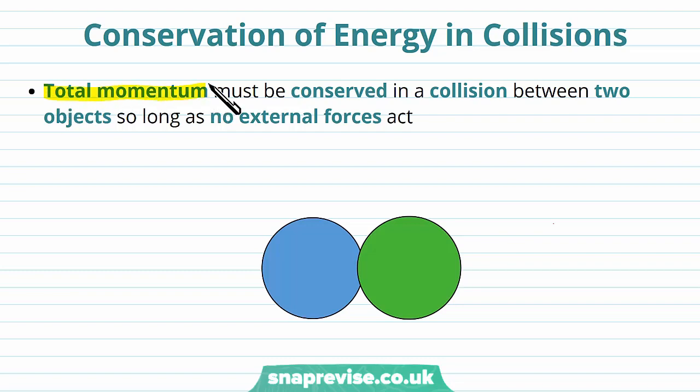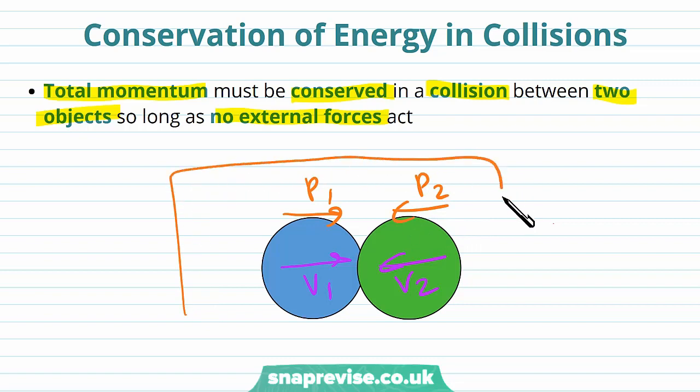Total momentum must be conserved in a collision between two objects so long as no external forces act. For example, here we have two balls that collide, and they each have a velocity v1 and v2. Since they're moving, they have momentum, so their momenta are given by P1 and P2.